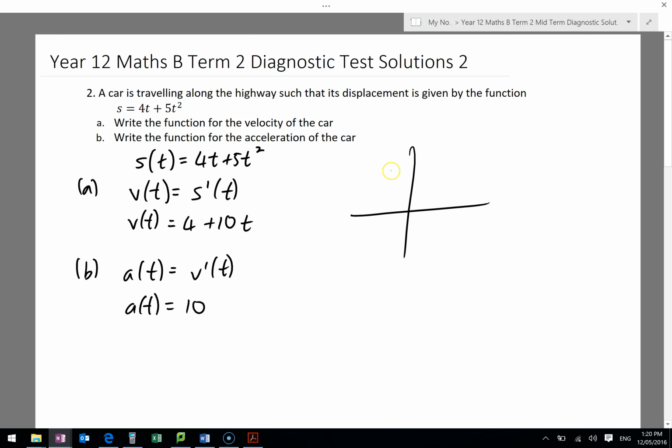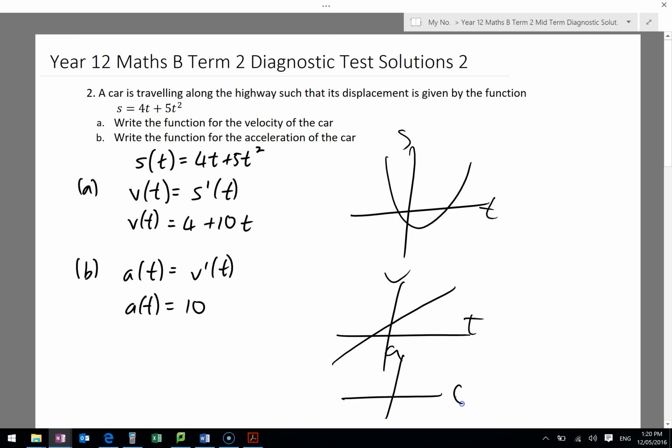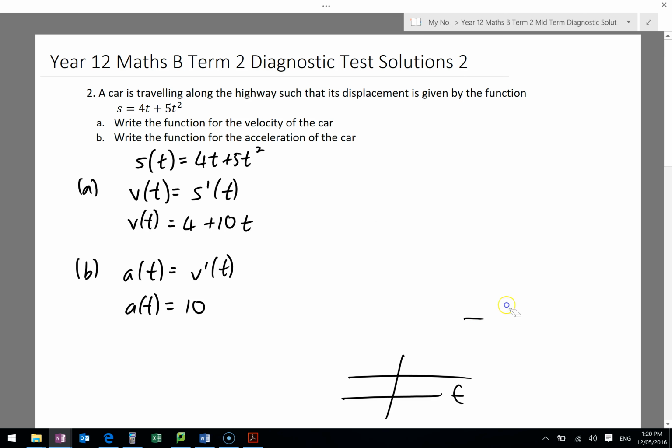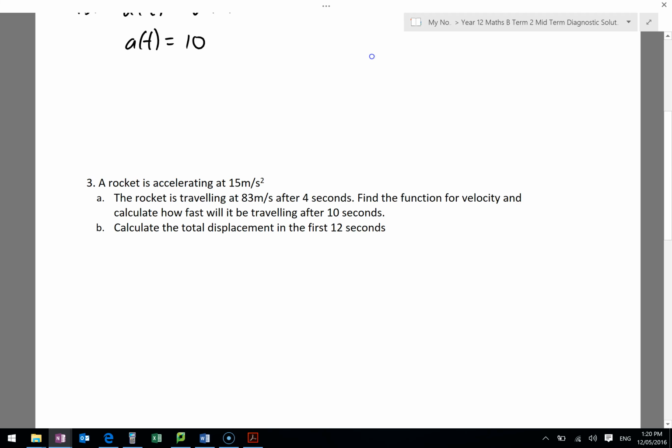As a guess, something like that for S and T, something like that for V and T, something like that for A and T. Remember, differentiate quadratic, you get linear, differentiate linear, you get a horizontal line. Understandings that you should have had from last year.